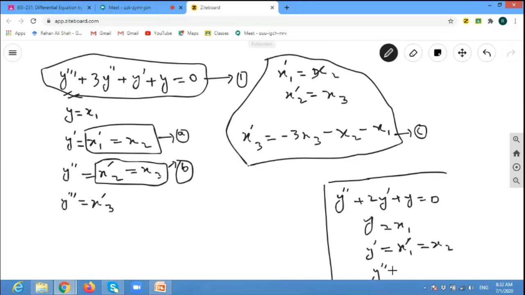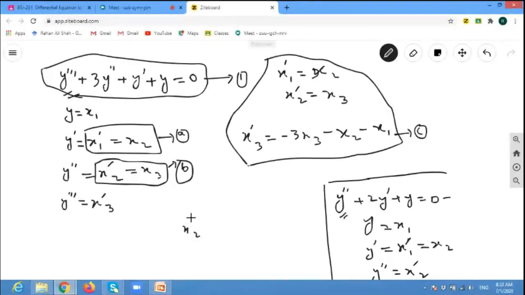Now here also a derivative is involved, but actually you will not take it equal to x3, because now we have reached the highest order derivative involved in the equation. So after that, you do not take another variable. Now, if you put these values in equation 1, y double dash means x2 dash.